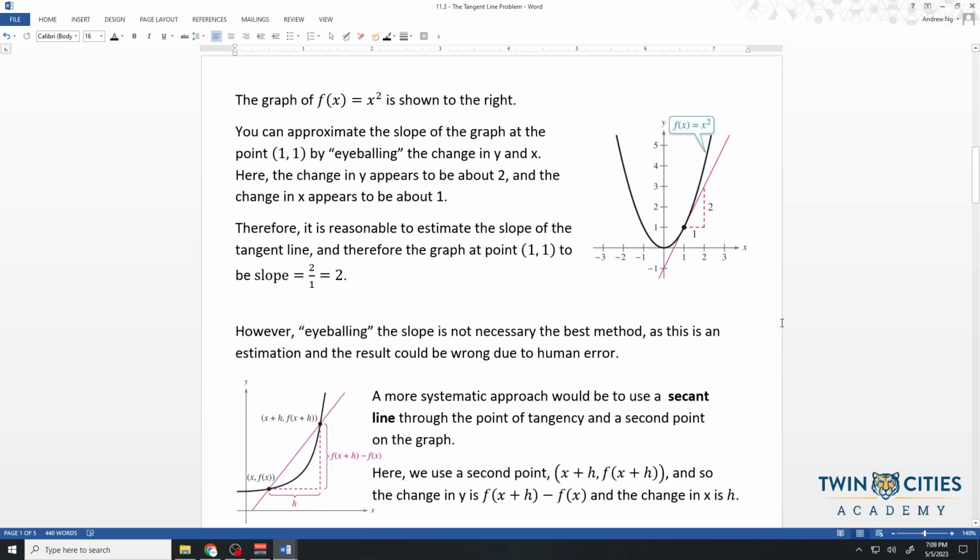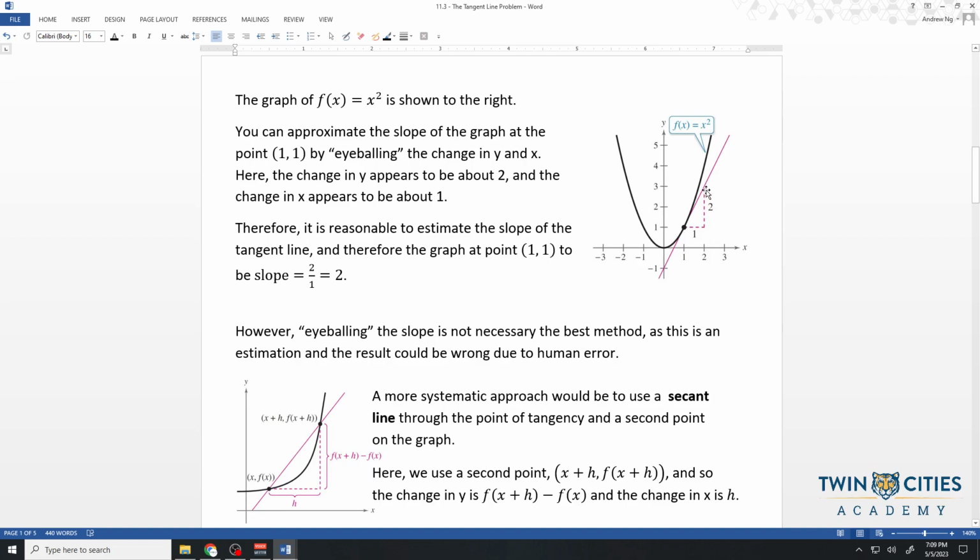Now, one way to do this is to make your line and then try to eyeball what the slope is. So if I take a parabola like so, this is f of x equals x squared, and I look at the point 1, 1. I'm going to make a line that goes through that one point and just that one point. And then on that line, I'm going to try and pick another point that fits into my graph.